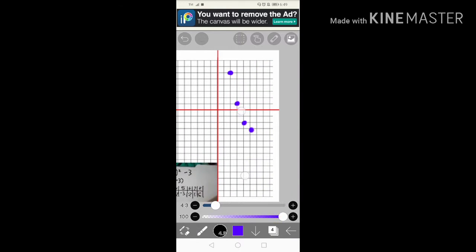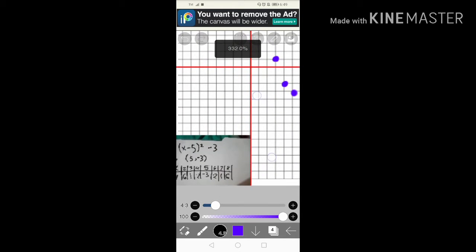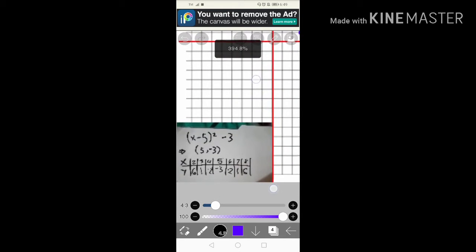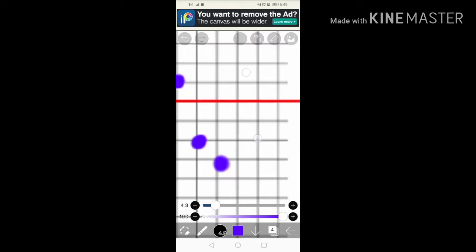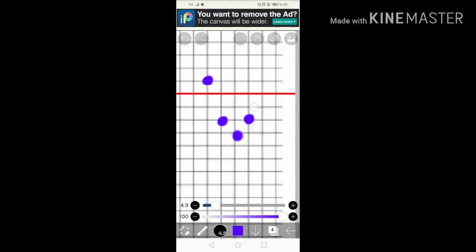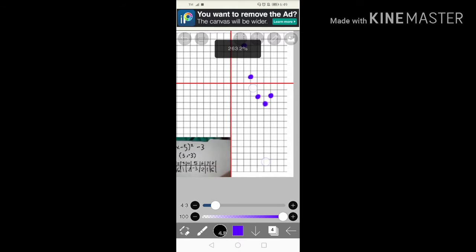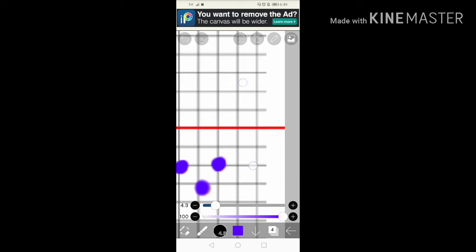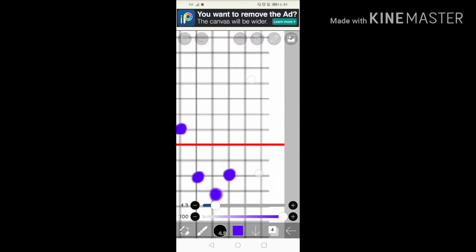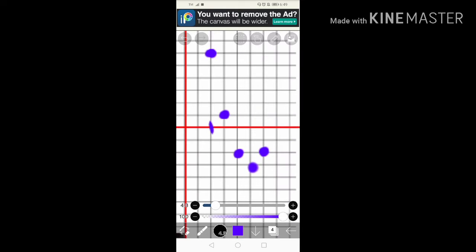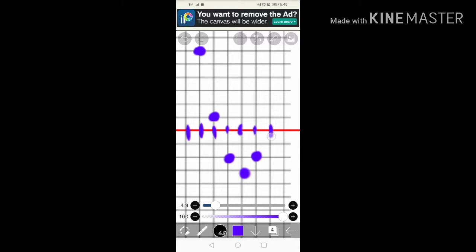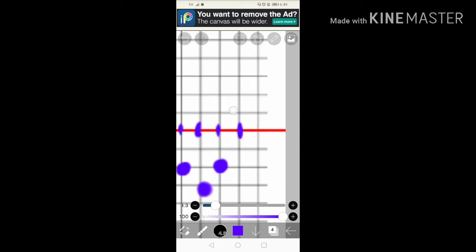That's our first. So now we're going to just do 6, 2. So 6 is here. Negative 2 again. And then we got 7, 1. So 1, 2, 3, 4, 5, 6, 7, and then 1 right here.